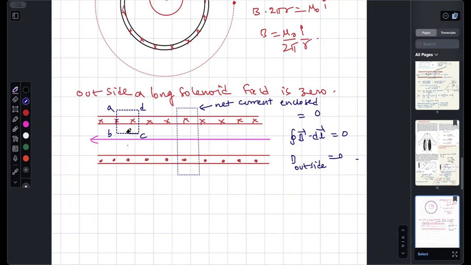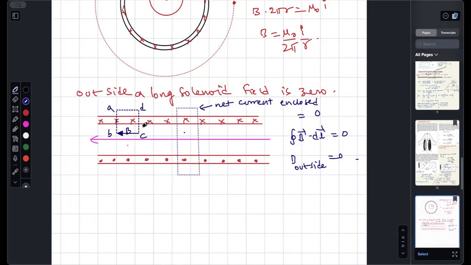At this point, the direction of the magnetic field is like this. And along AB, even though there is a magnetic field, it is mutually perpendicular, so the dot product is 0.